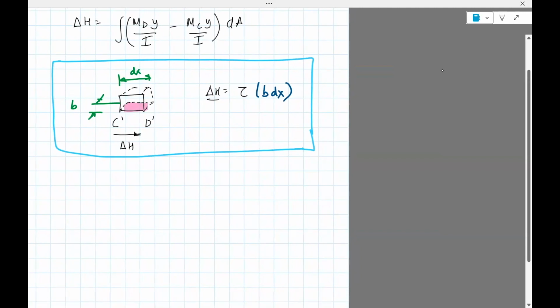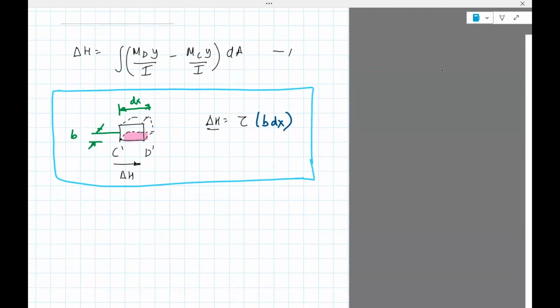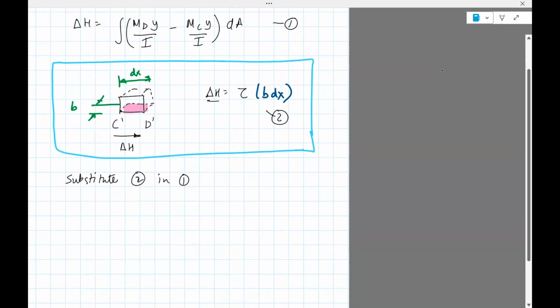Okay, so with that, I can now sub in, let's call this 1, call this 2, substitute 2 in 1, tau b dx is, I'm just going to assume that since that element is very small, there's moment M_D here, M_C here.